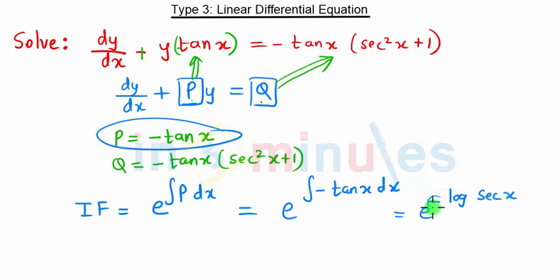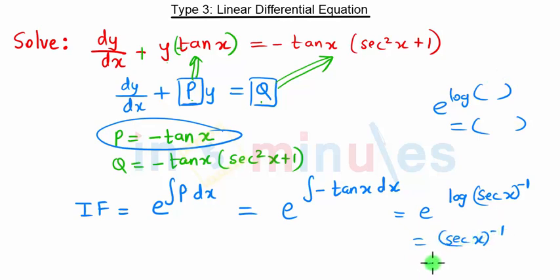And this minus sign we can take as minus 1 power. We know that e raised to log of something is equal to that something. So here it is equal to sec x the whole inverse, which is nothing but 1 upon sec x. So our integrating factor is this.